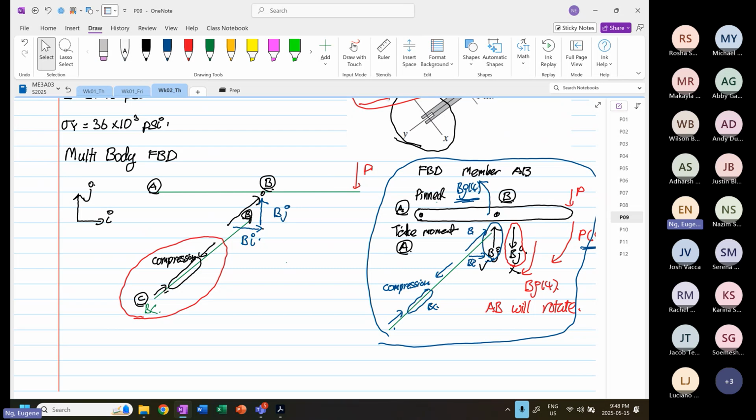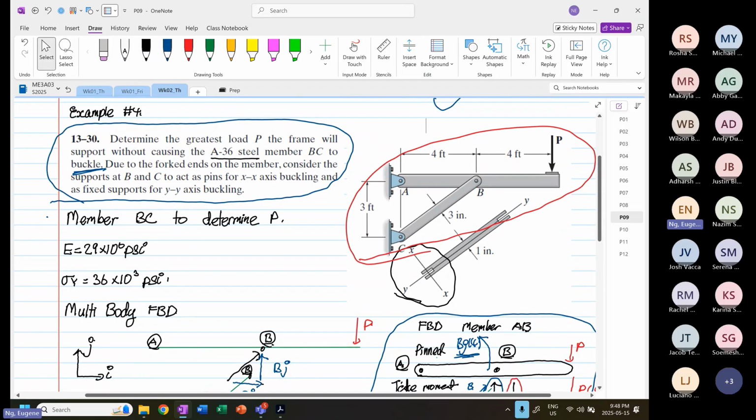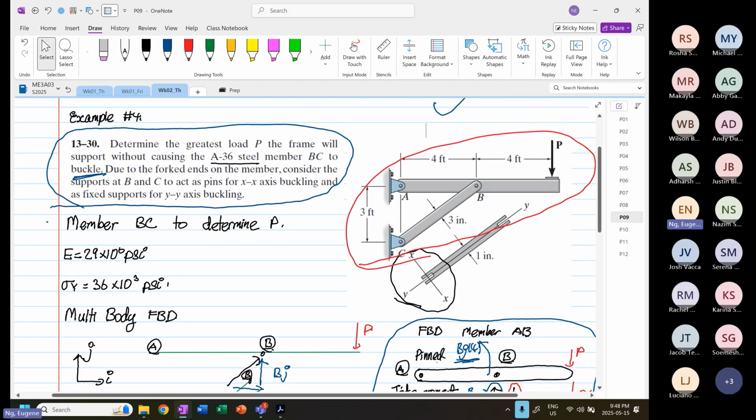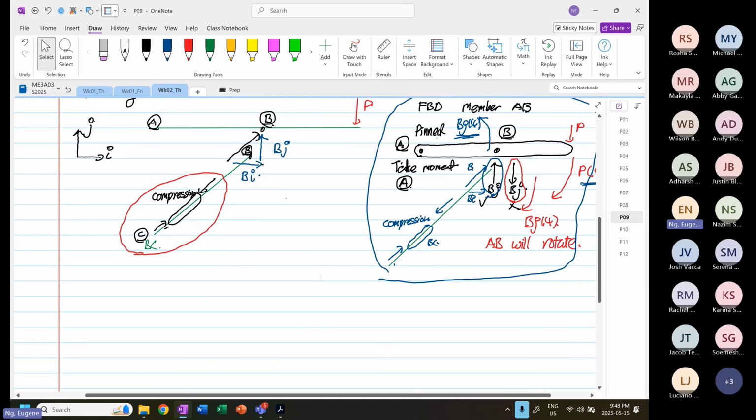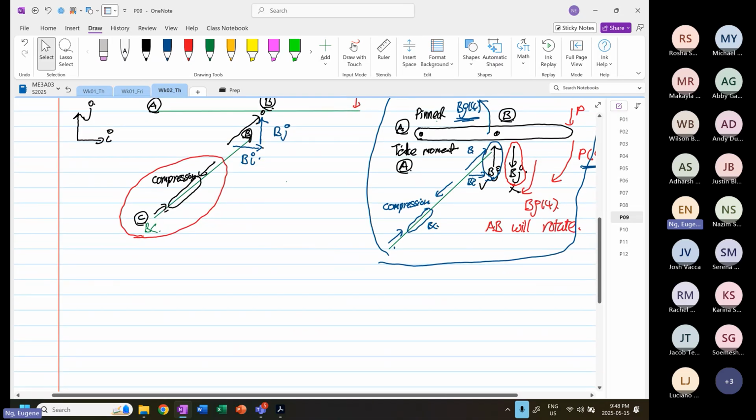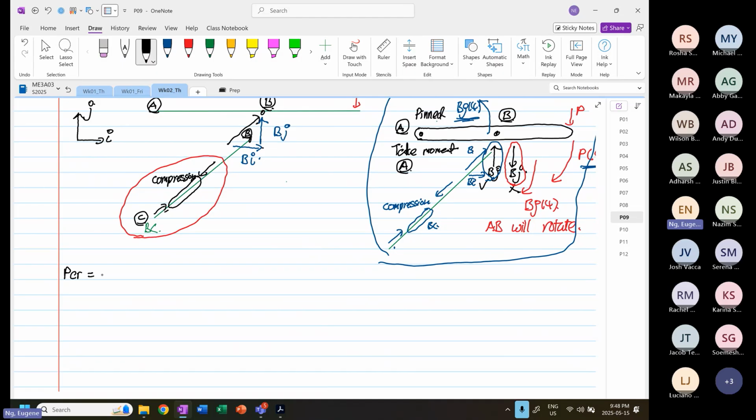So on this problem again, the formula that we are going to use: did they give us safety factor? No, no safety factor given. Fine. So we know that the PCR formula is still the same: Pi squared EI over Le squared.